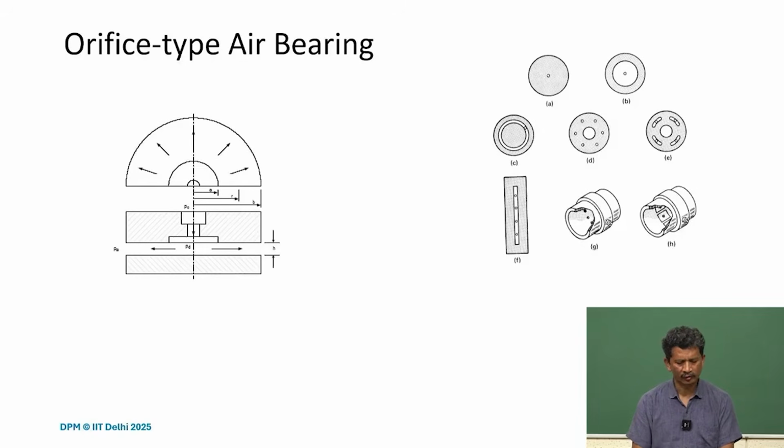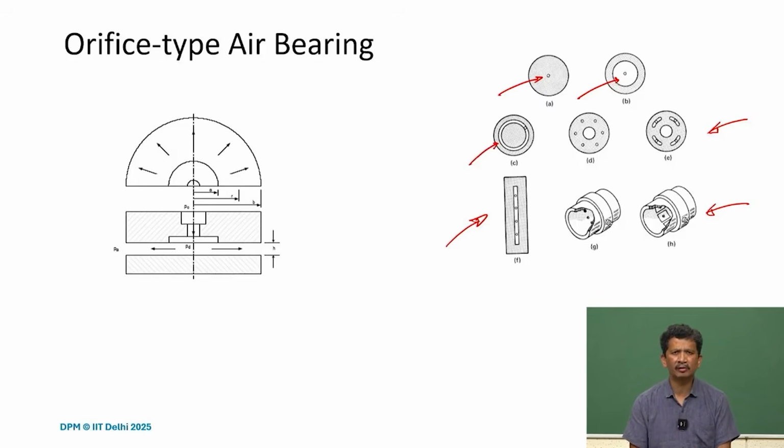As I mentioned earlier, and it's clear from here also, we can see different geometries. It can be circular, it can be rectangular, it can even be journal bearings, and then there can be orifices, and you can see orifices here. There can be pockets, and there can be grooves also.